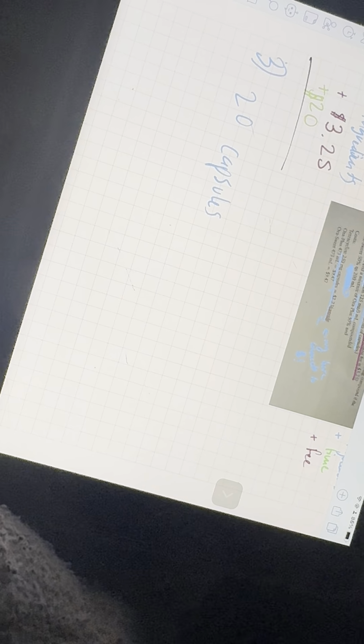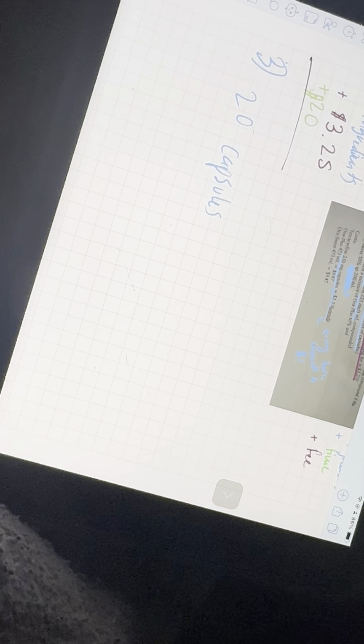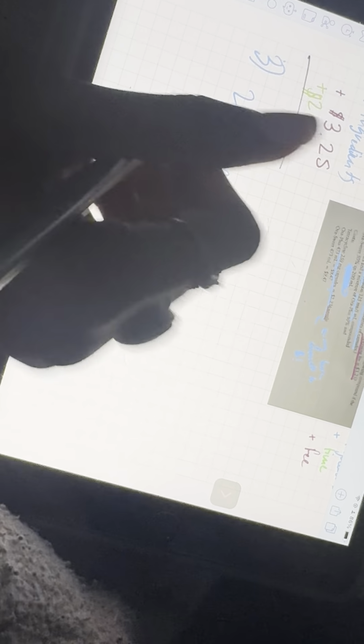So we're going to do 20 capsules is... so now we're going to do multiplication. And this is where some dimensional analysis is going to happen. So it's different from circles and squares, okay?